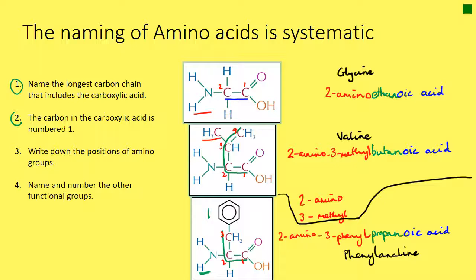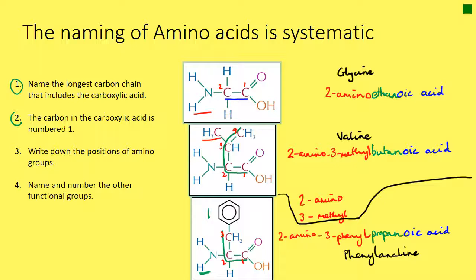Okay, so let's do another example. Let's slightly build up in complexity. Again, let's write down our oic acid before we even start. Then I'll switch to green. Now we can name the longest carbon chain that includes the carboxylic acid. This is the longest carbon chain here, and that's got 4 carbons in it.